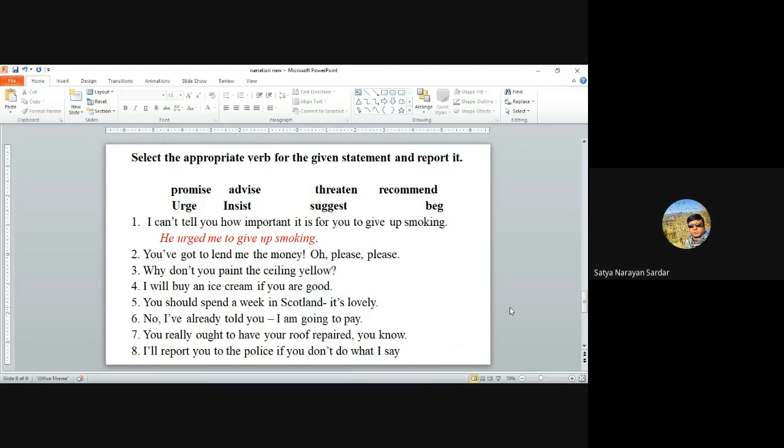He advised me to repair my roof, or he suggested that I should repair my roof. Number eight, "I'll report you to the police if you don't do what I say." We have got a different verb, threaten. He threatened to report to the police.